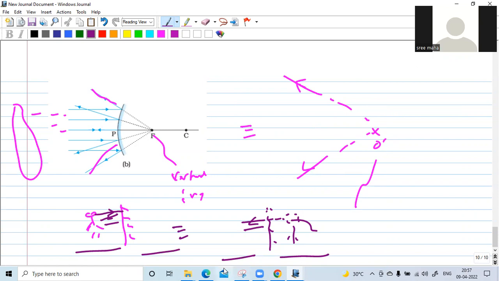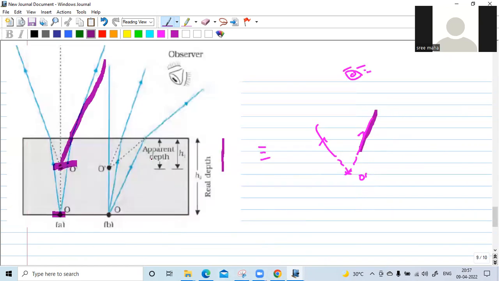So for an eye, it will appear as if the light is coming from an object located here. The effect in the eye by this light ray, which goes here and here, and the light ray which comes straight here, are both the same, because the eye is going to sense only these lights. The eye is such that it will think as if the object is here.